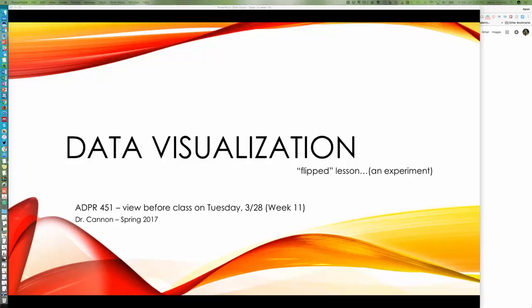But I wanted to go through the content before we meet this coming week 11, and then spend our time in class working on examples and then getting you started on the assignment for the week. So that's kind of why I'm doing it this way, and we'll see how it goes, if it's something that you like, or if we want to revert to the old way of me lecturing in class, though I don't think that's exactly fun for anyone.